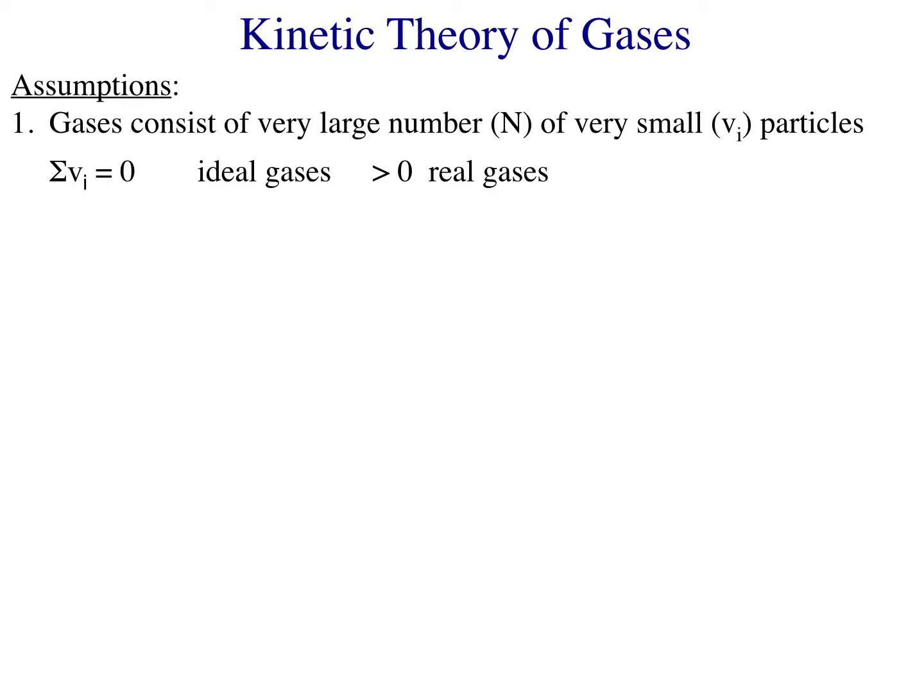Of course, in a pure sample, these individual volumes are equal, but that is also equal to 0. So the summation of 0 gives you a sum of 0. This is an important assumption for ideal gases, that their volume be negligible.